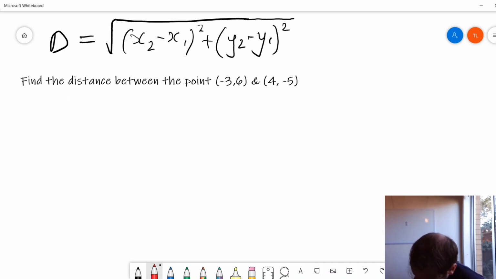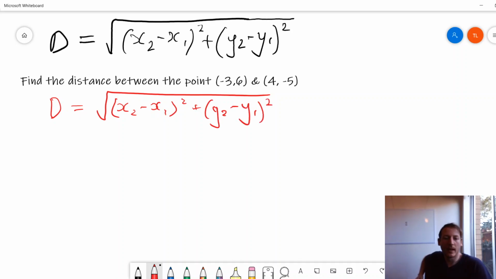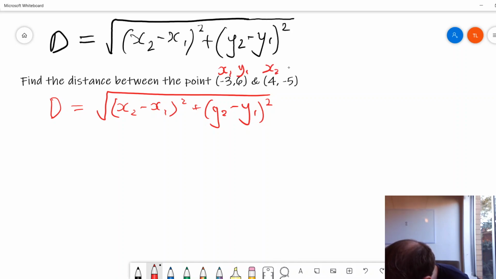First of all, let's write out our formula, and we can also label our points. Remember, it goes x first, then y. So x1, y1, and x2, y2.